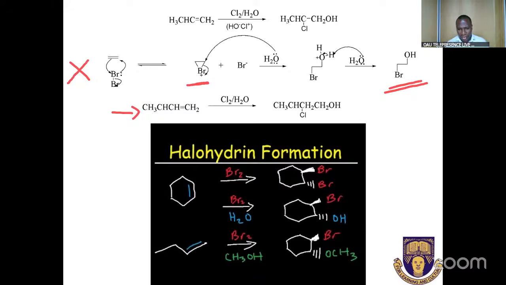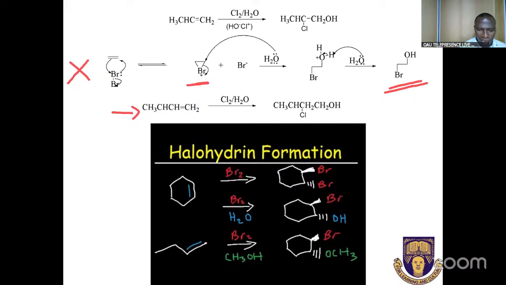So if you look at the simple example in the black box there, what we're showing is that when you have ordinary bromine, you have an anti-addition with the two bromines adding to give a trans geometry.